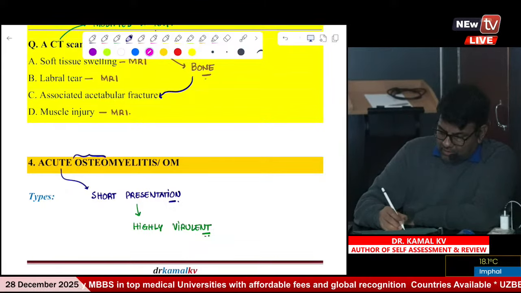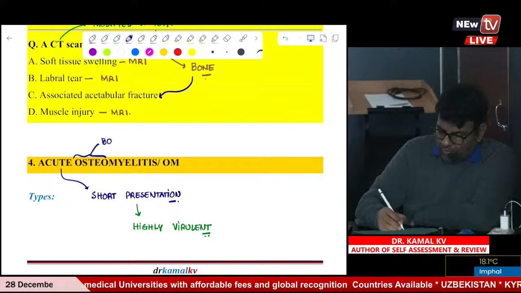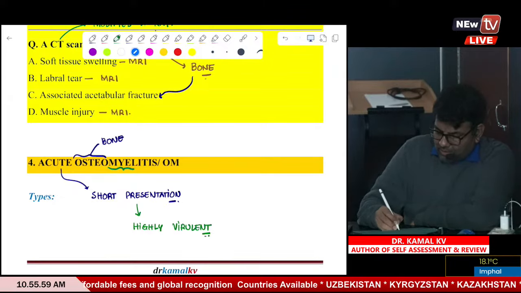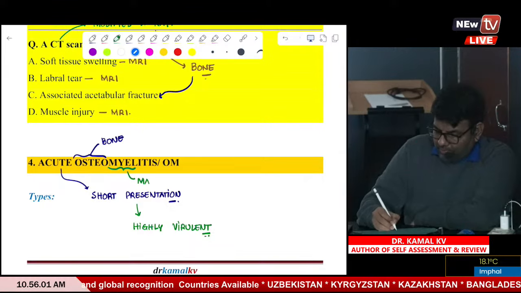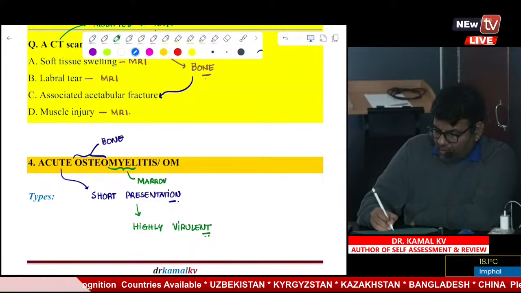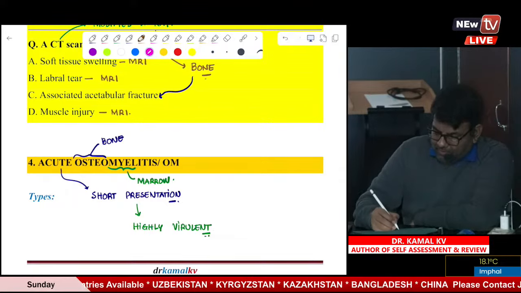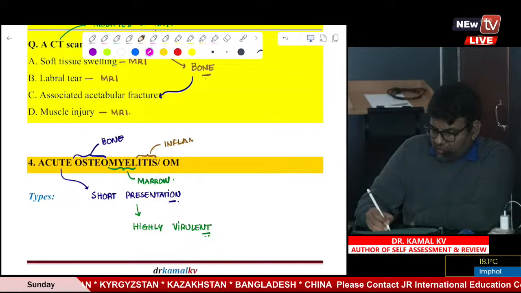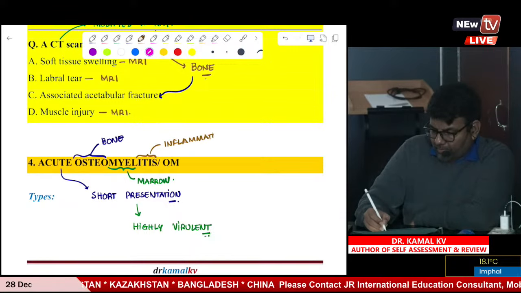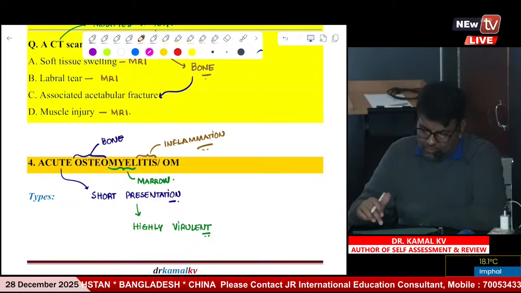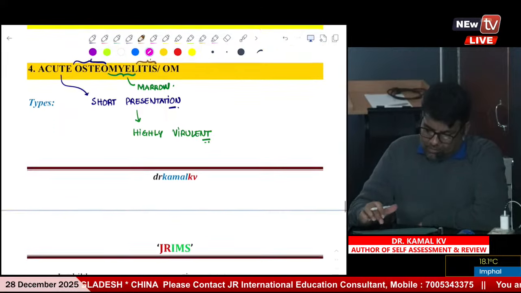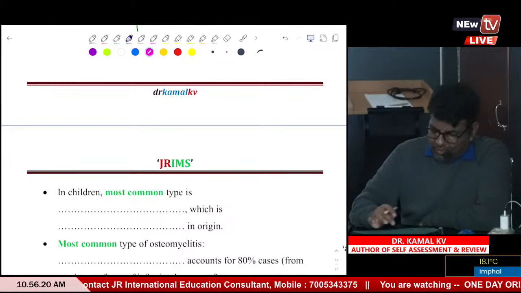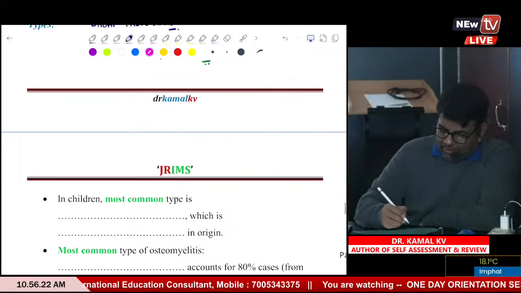Osteo is bone. Myelo is marrow. And itis is inflammation. So this is the definition. Now what happens? There are two ways in which osteomyelitis can happen.